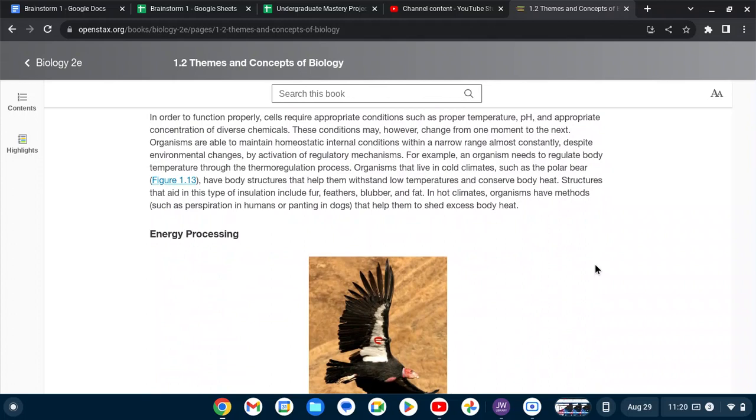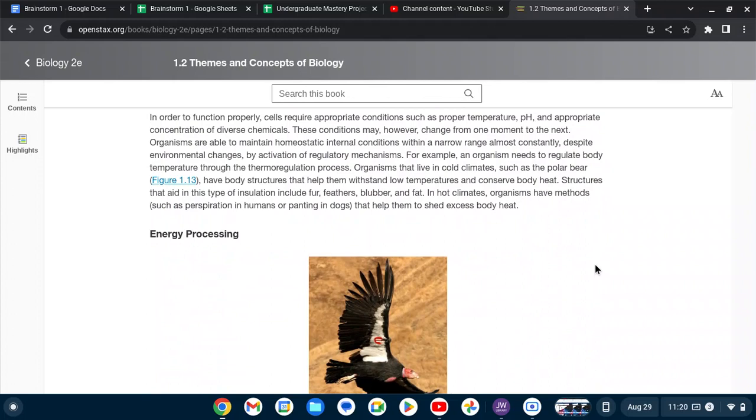These conditions may, however, change from one moment to the next. Organisms are able to maintain homeostatic internal conditions within a narrow range almost constantly, despite environmental changes, by activation of regulatory mechanisms. For example, an organism needs to regulate body temperature through the thermoregulation process.